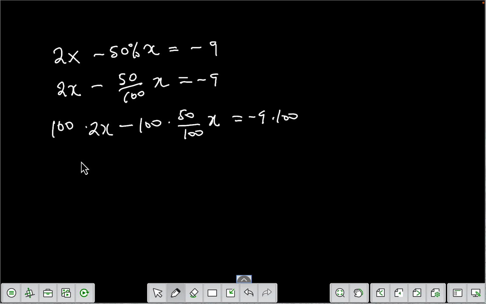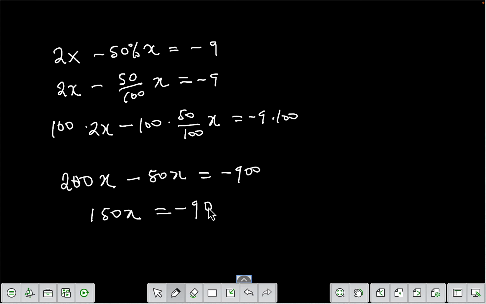We have 200x minus 50x equals negative 900. So 200x minus 50x will give you 150x, and that will be equal to negative 900.